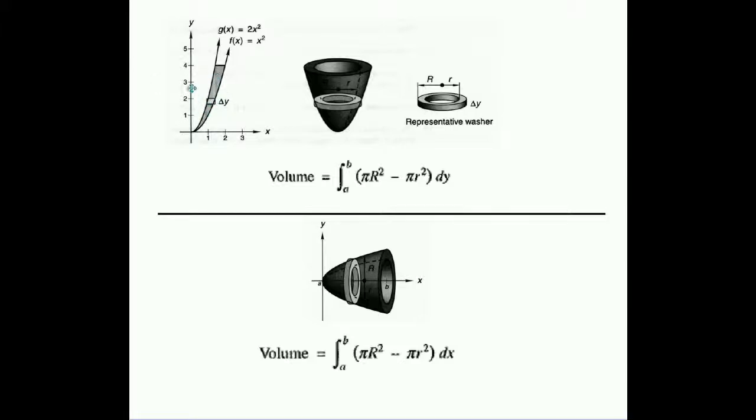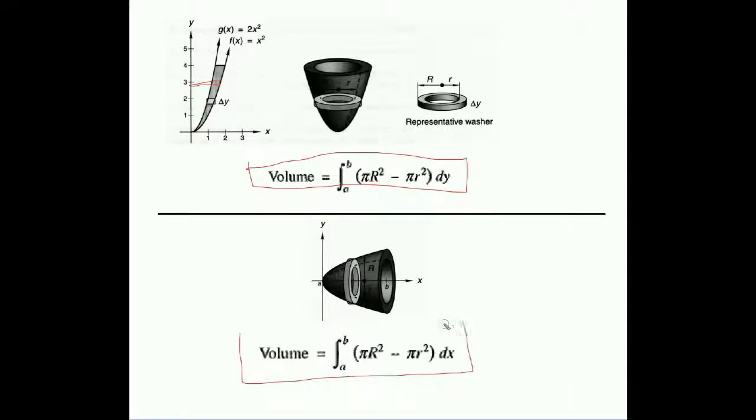You take the outer radius, the larger radius here, which is just our x squared, and you would subtract this one. So pi larger radius squared minus pi times the smaller radius squared, dy, because it's in terms of y. And in this case, this would be from 0 to 4 because you do y values. So we have this new idea for volume.